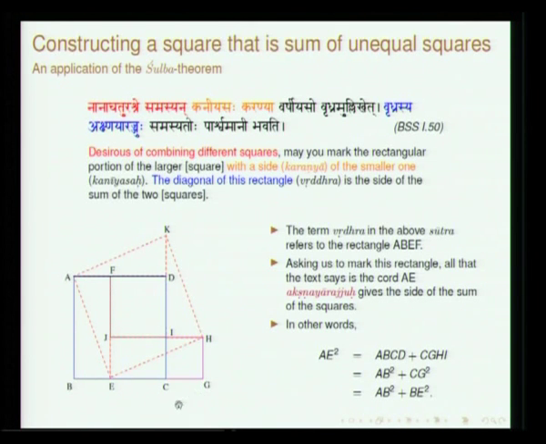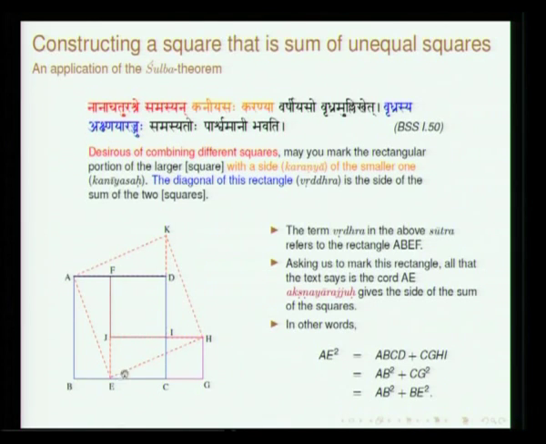What he says is, if you have two squares, say ABCD and then CGHI, and you want to construct a square which will be the sum of these two squares, basically the area of the larger square plus the smaller. This is a simple instruction which tells you how to go about it, without even thinking of the arithmetic involved.